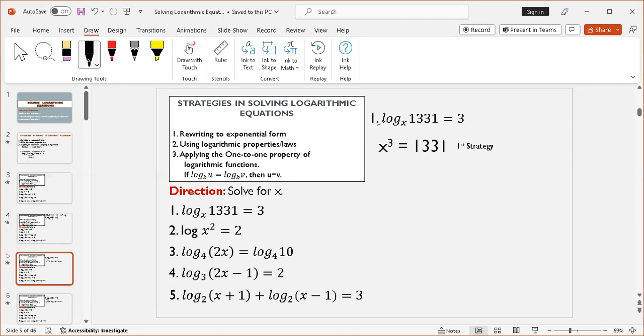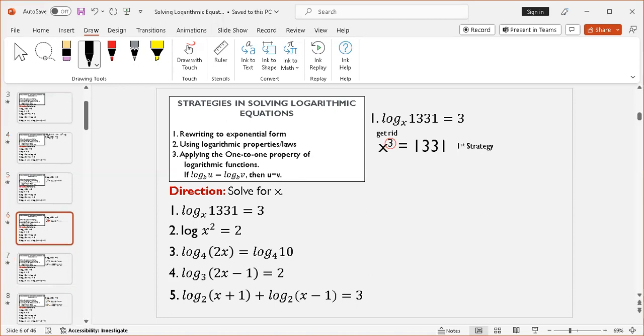Kasi, we need to get rid of this exponent. And how are we going to do that? Ano natin naalisin yung exponent ni x? Kasi, ang kailangan lang natin ay yung x. Dapat alisin natin yung exponent. Okay, what do you think should we do?